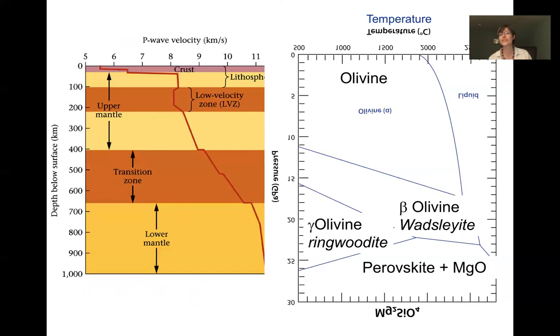And if we take it one step further, then we can start to think about how this lines up. And it turns out that there's a very good correlation between where we have the jump in seismic speed at 400 or 410 kilometers depth, the jump in seismic wave speed at about 500 kilometers depth.